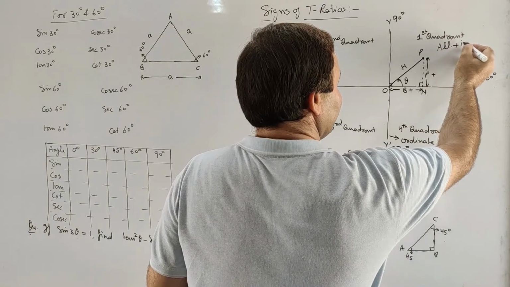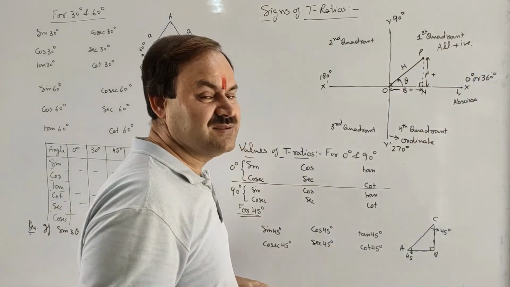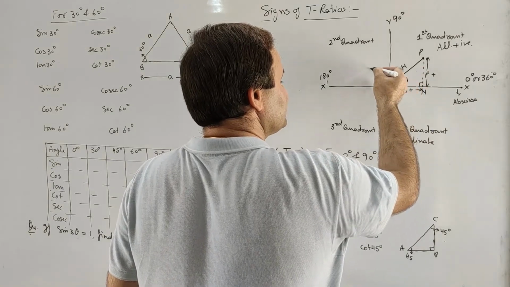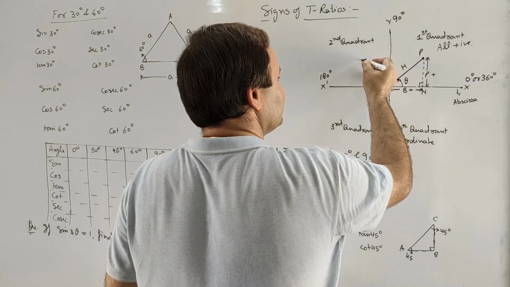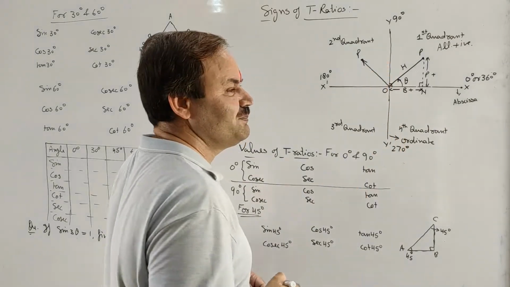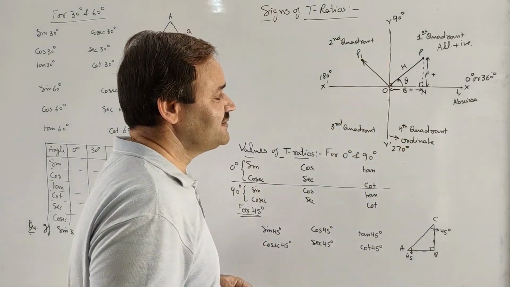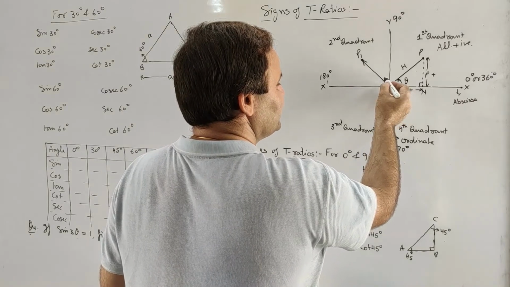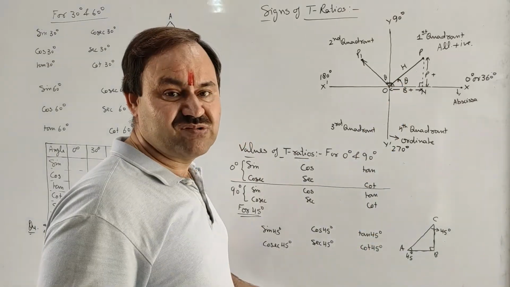If we come to second quadrant, then for second quadrant this rotating line will be, say, somewhere here. This point is P1. Then the angle of rotation will be this one. This angle will be theta.